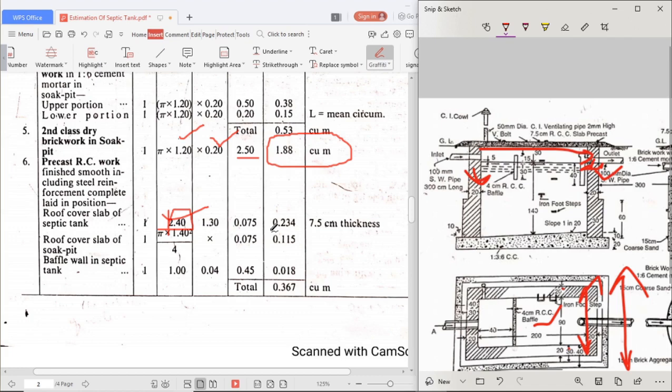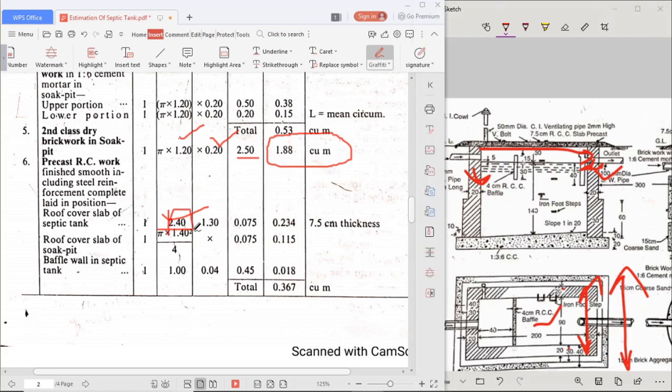So how do we get this 130? 90 in the short wall direction, plus the slab is resting on the 20 centimeter wall, so 90 plus 10 is 110, plus 20, 130 centimeter.